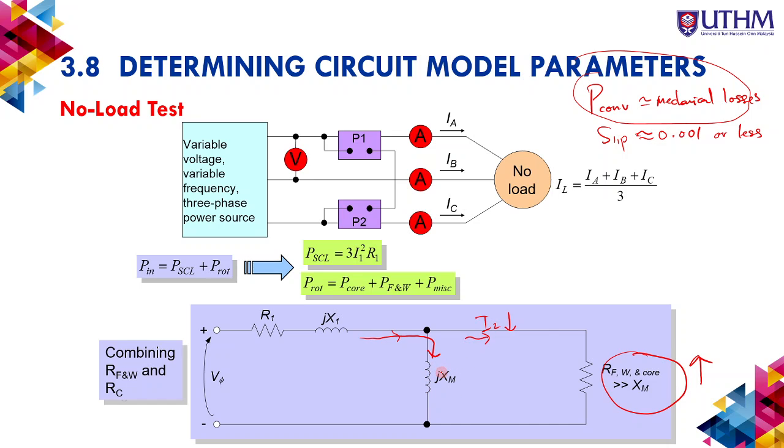The magnetizing reactance XM will be much smaller than the resistance in parallel with it, and the overall input power factor will be very small. Since this current is very large and goes through the reactance component, we call it the lagging current. So the lagging current is very high.